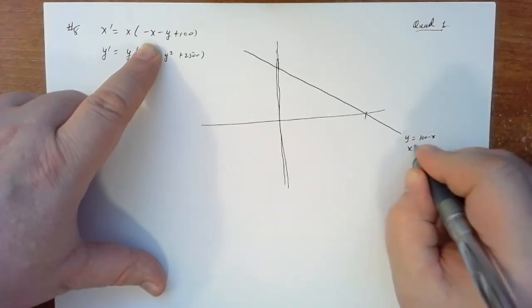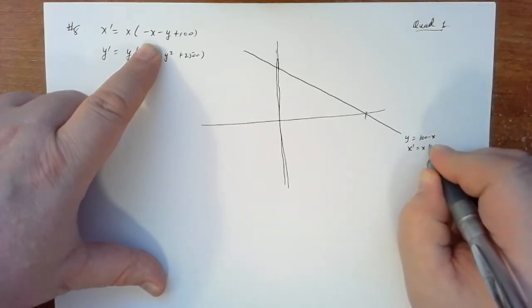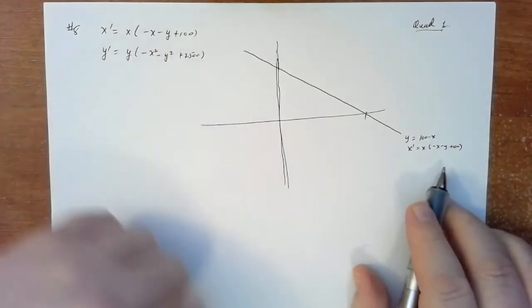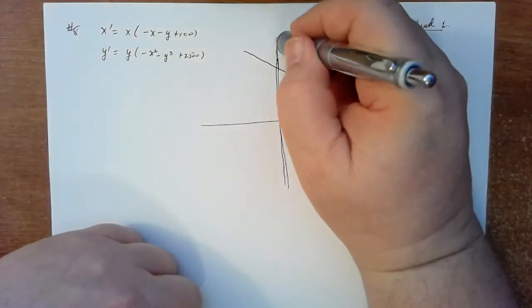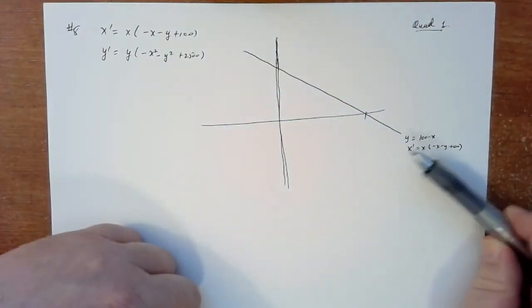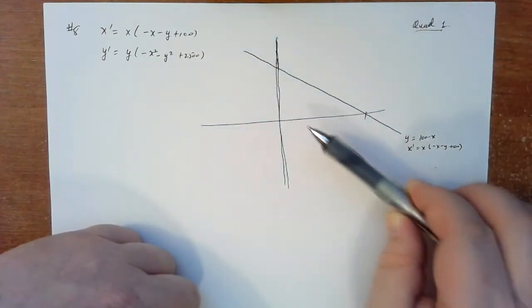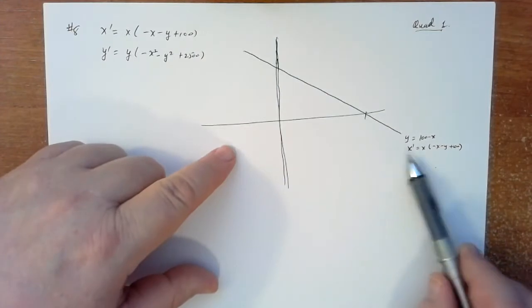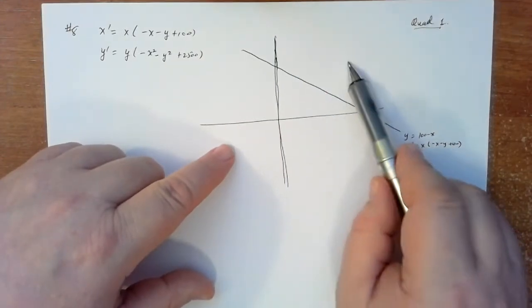Now x prime itself is actually x times minus y plus 100. So like we were saying in the analysis before, if we were working with the entire plane, we could break this into 4 pieces, and we could analyze what our derivative is in each piece.